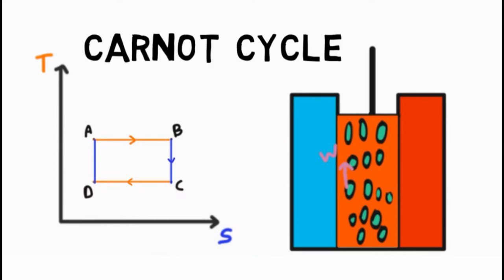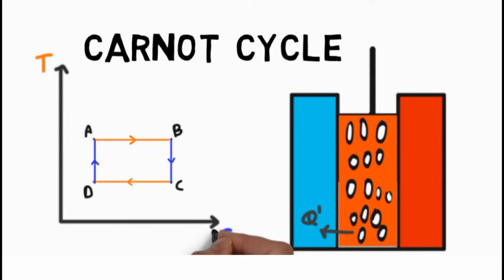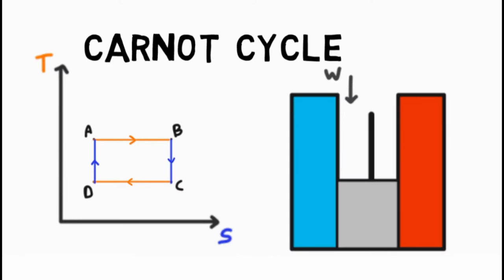The third process is a constant temperature process, in which heat leaves the system and the internal energy of the system further decreases. The final process is a reversible constant entropy process, in which work is done on the system and the internal energy of the system is increased and restored to point 1, and the temperature rises from T2 to T1.